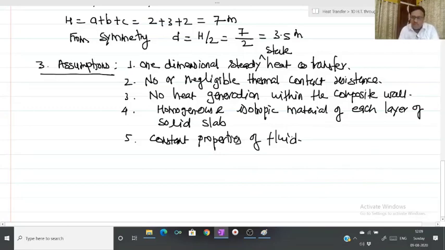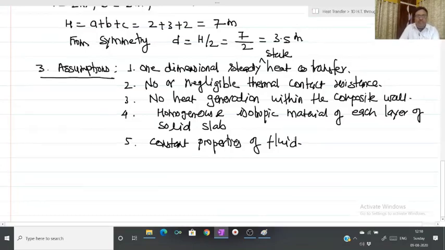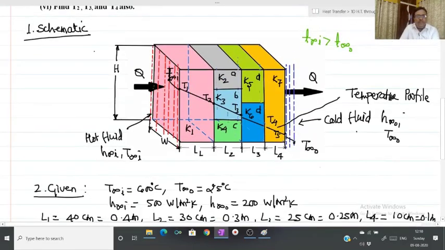What will be the consequence of assumptions number 4 and 5? If I am assuming homogeneous and isotropic material of each slab, thermal conductivity will be the same. For example, if slab 1 is a homogeneous and isotropic material, K1 will be the same everywhere. Similarly for K2, K3, K4 and so on.